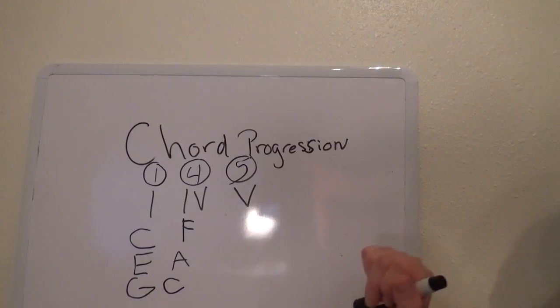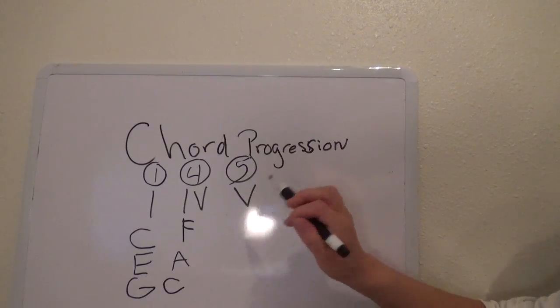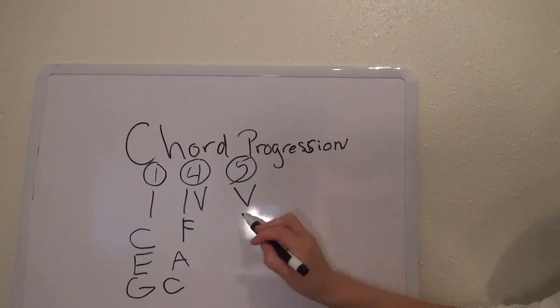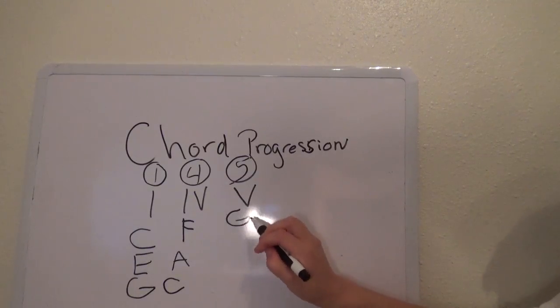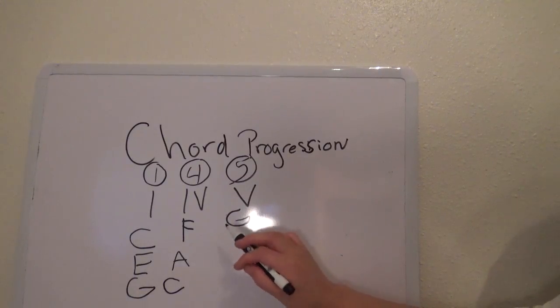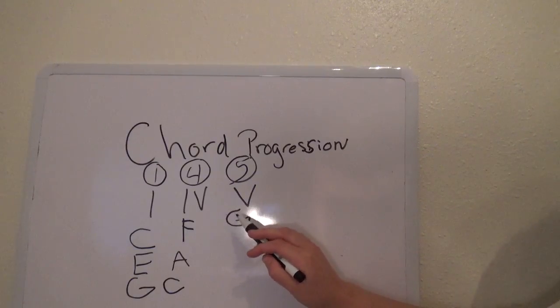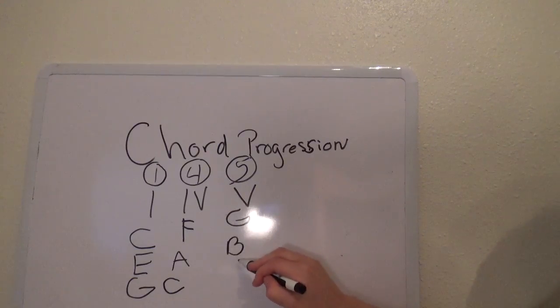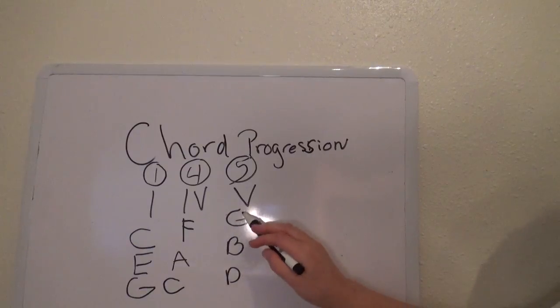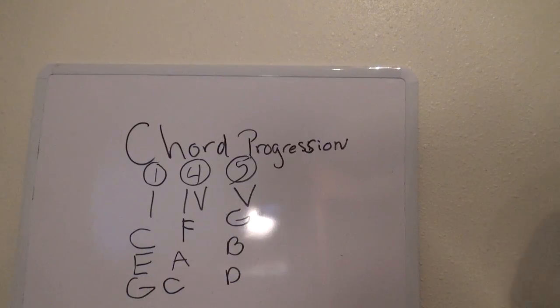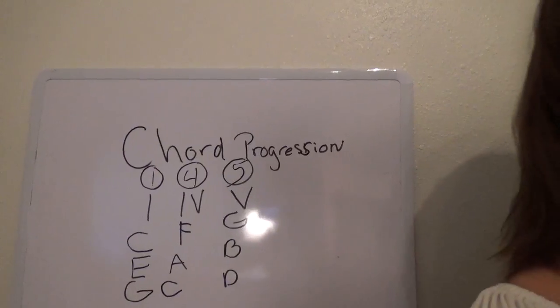And I'll show you that on the harp. And the fifth note of the scale is G. Now for G, I'm going to show you how I got to this on the harp. G, A, B, C, D. So 1, 3, 5. Now let me show you on the harp how we got to this point.